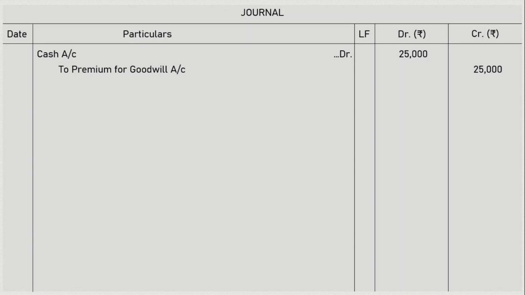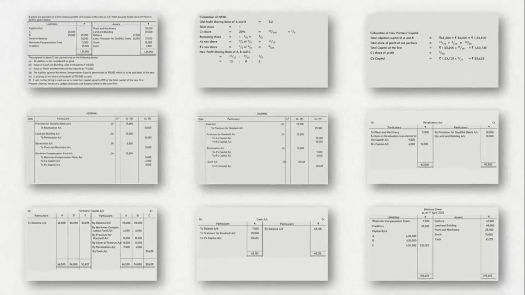Now I told you that I never calculate the sacrificing ratio. What I do is just distribute this 25,000 in the old profit sharing ratio and the new profit sharing ratio, and then calculate our next entry.